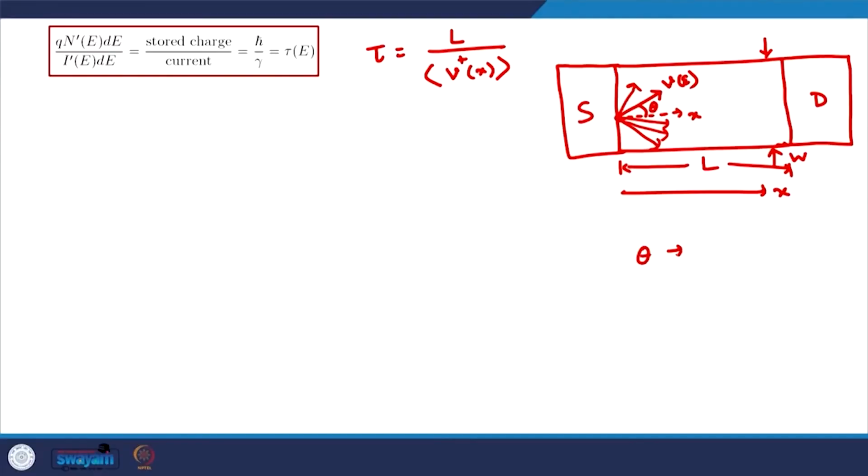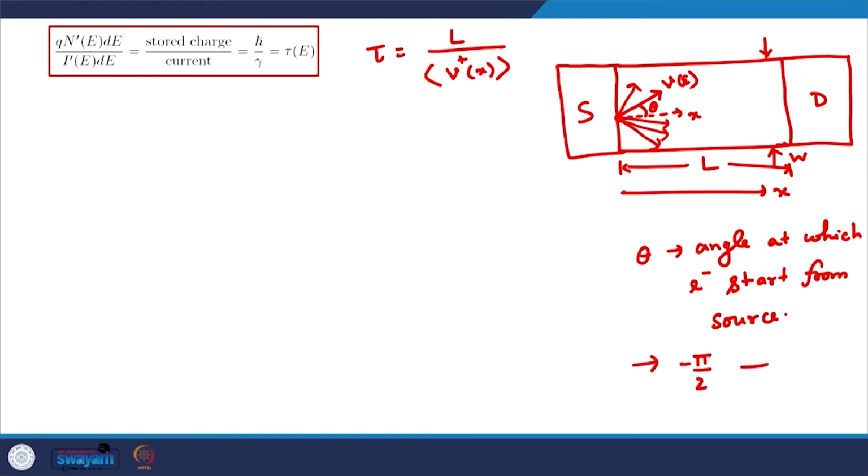Ideally, this theta, the angle at which electrons start from the source, can range from minus pi by 2 to plus pi by 2. So, this can be from this angle right up to this angle in positive x direction.